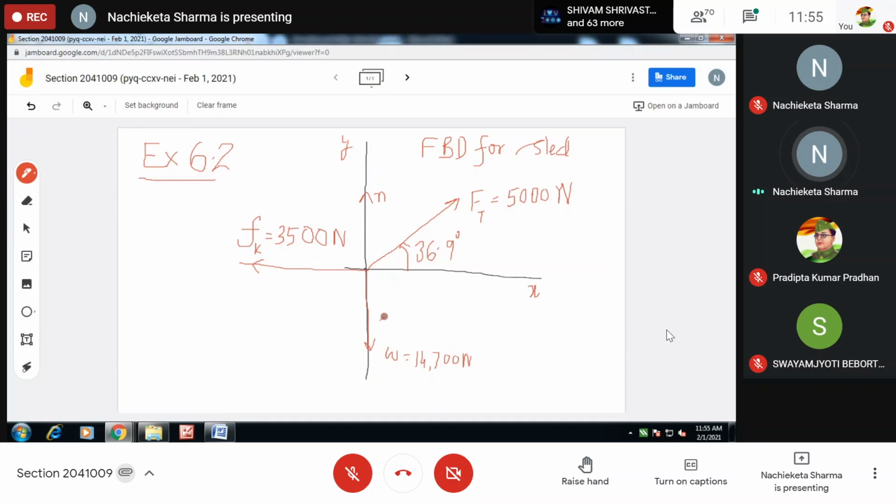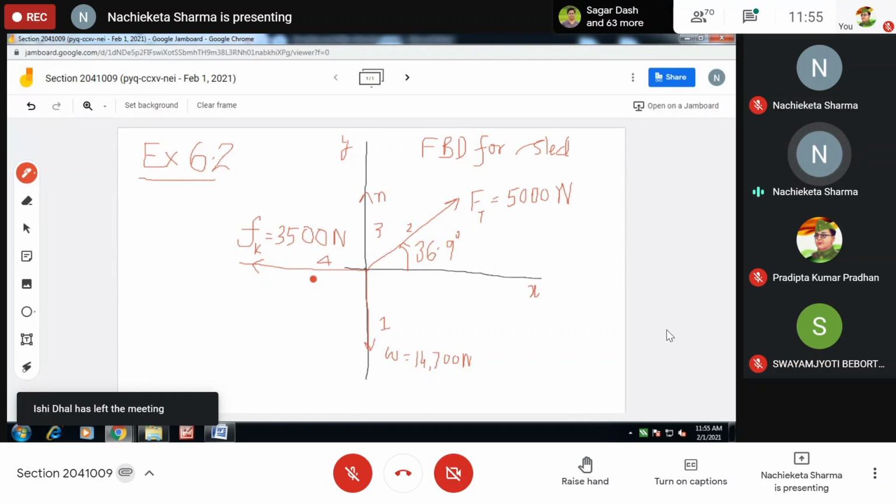So this is 1, this is 2, this is 3, this is 4. The question says we have to find the work done by each individual force and the total work done by all the forces.